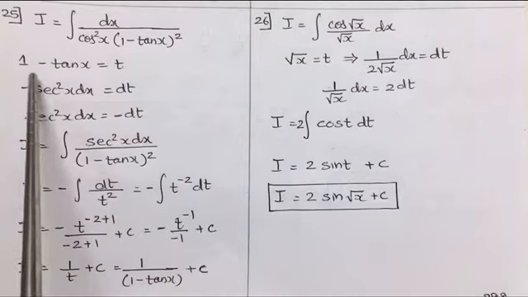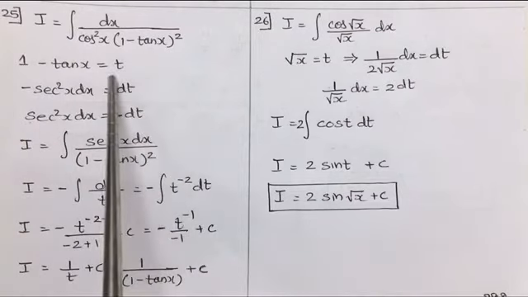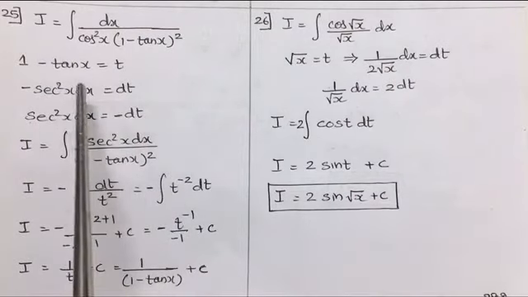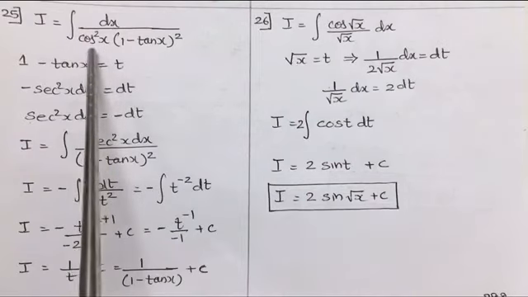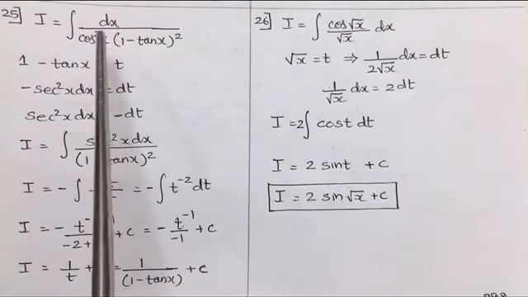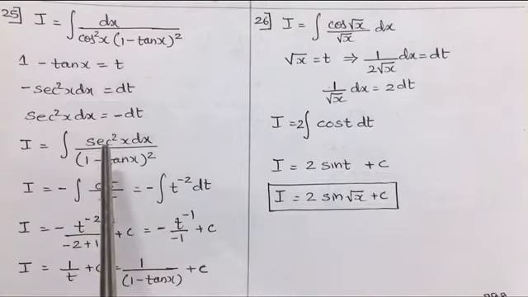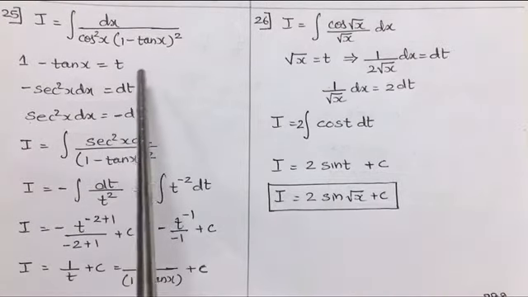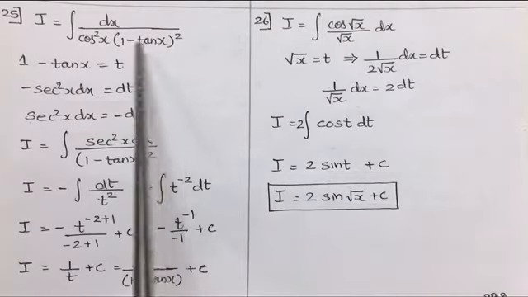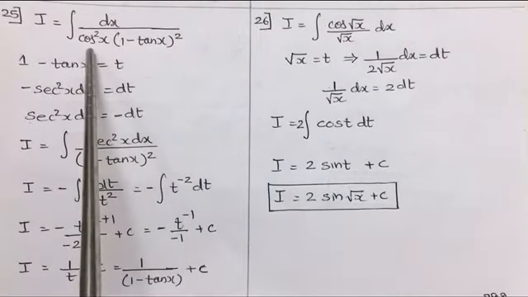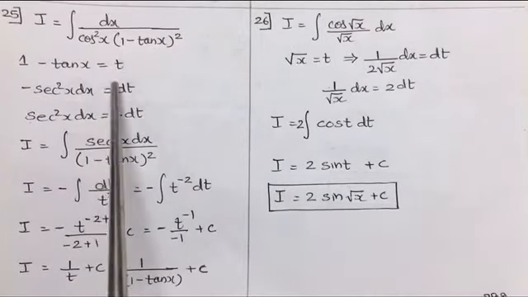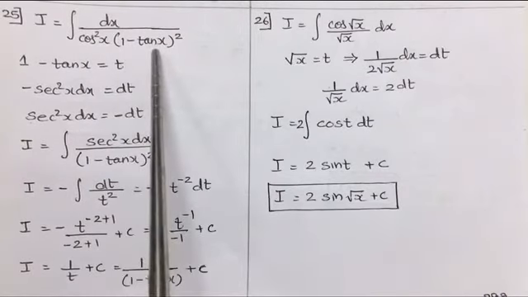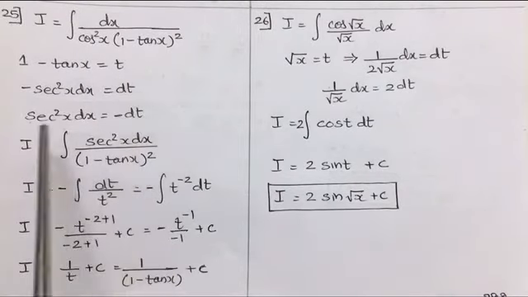Hence we will assume 1 minus tan x is equal to t. We are not assuming cos square x because 1 upon cos square x makes it sec square x, and sec square x is the differentiation of tan x. So instead of assuming cos square x as t, assume 1 minus tan x is equal to t.